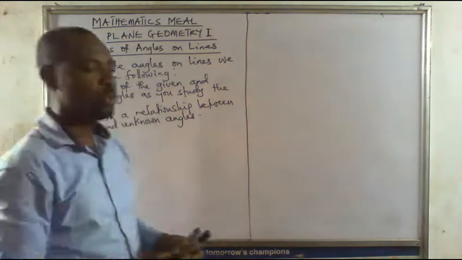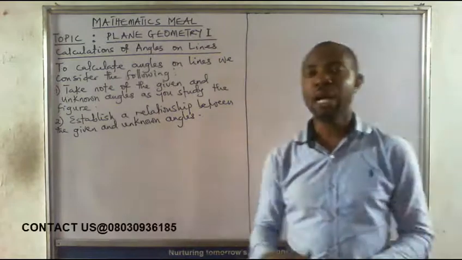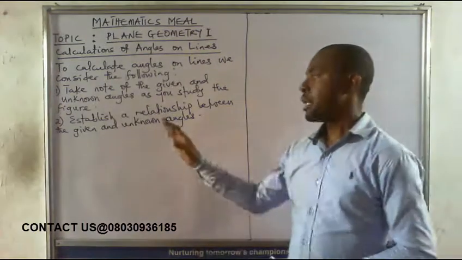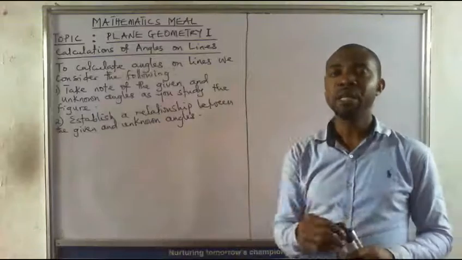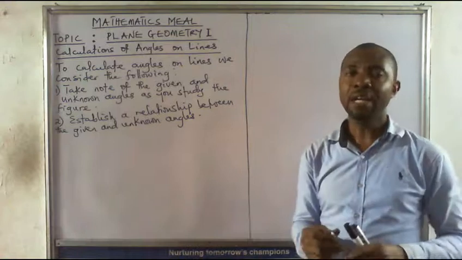So the next thing we do is to establish a relationship between the given angles and the unknown angles. Now, there are relationships that exist between the given and the unknown angle as far as lines and angles are concerned.